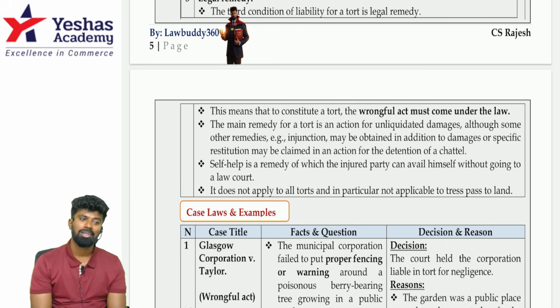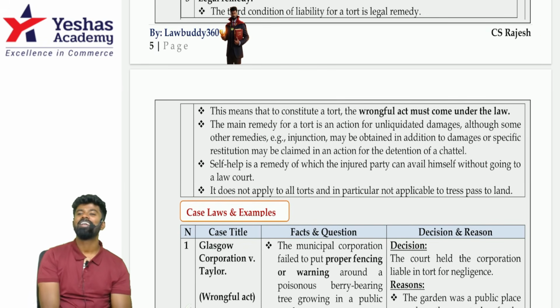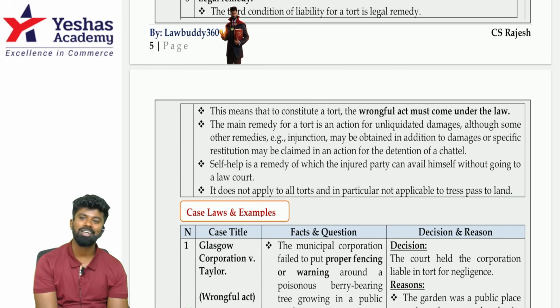Damnum cum injuria. Tort. Injuria cum damnum. Tort. Yes, but I am interchanging the words. Injuria sine damnum. Damnum sine injuria. Damnum cum injuria. Injuria cum damnum.